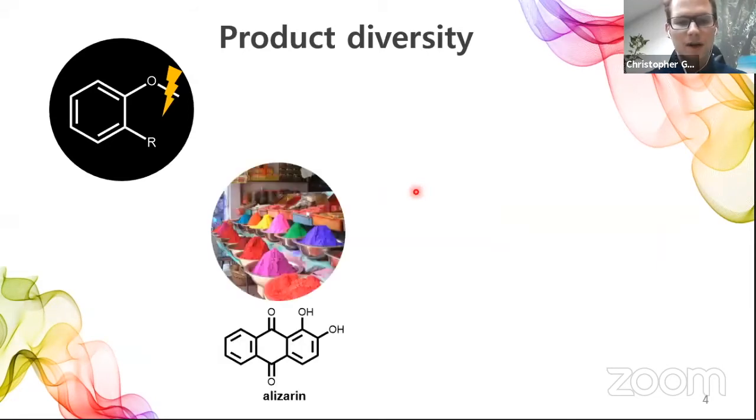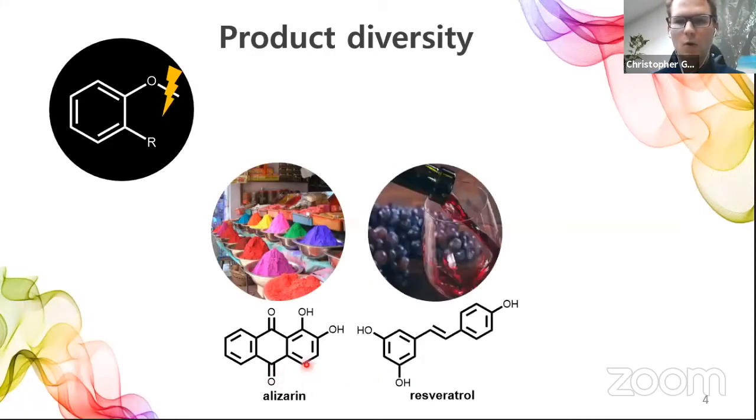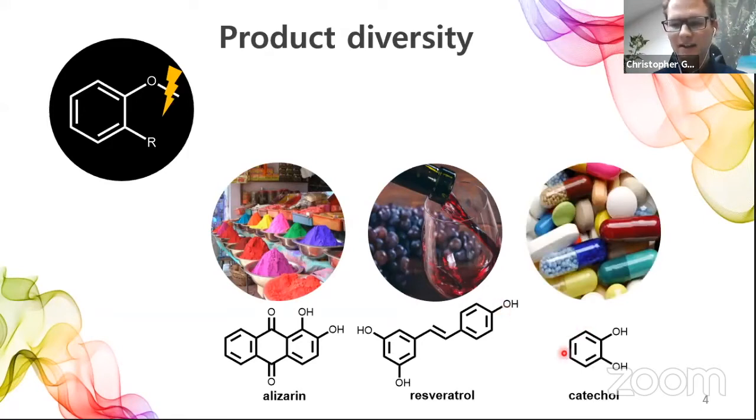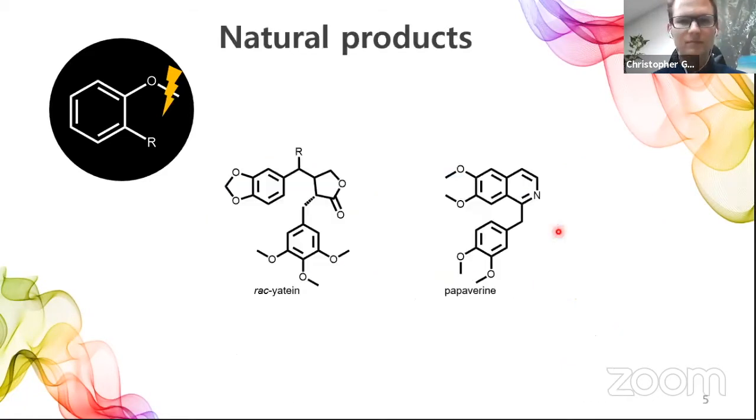As well as we have them in red dyeing compounds, such as alizarin. And also, once in a while, if we drink a glass of red wine, we can also find them there. As well as catechol, which is a main building block for new pharmaceuticals and drugs.